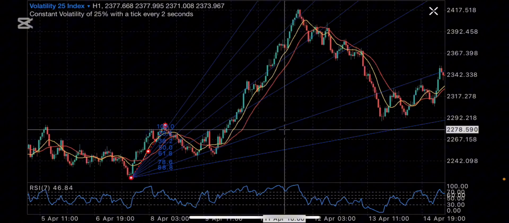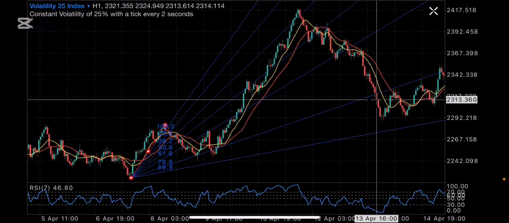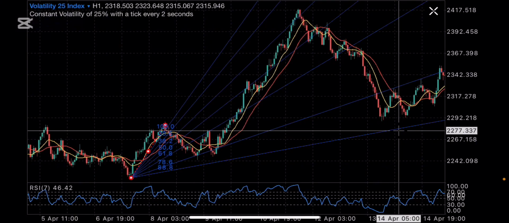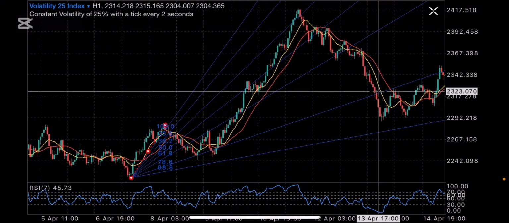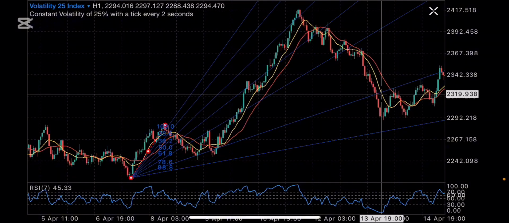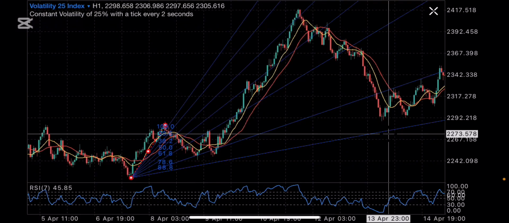So what we're going to do is wait for price to hit these particular retracements, but not cross them. We're going to wait for price to get to this 78.6 retracement, but not cross this 88.8 retracement.